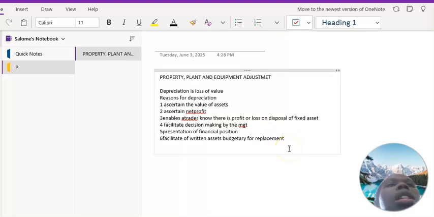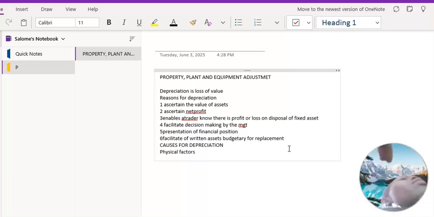What causes this depreciation? So causes of depreciation. Let's see cause number one. One is physical factors. And in the physical factors, we are talking about wear and tear.